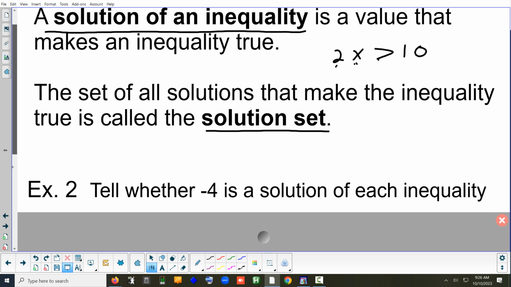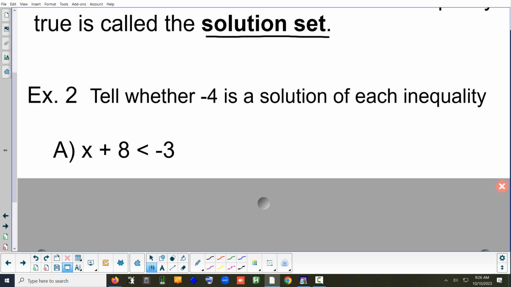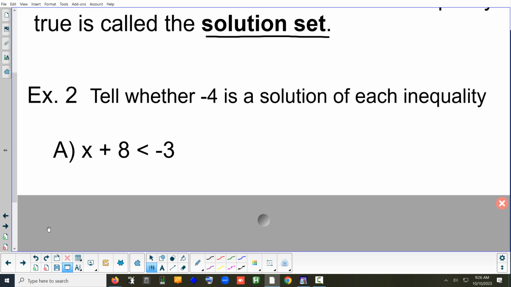All right, so let's see specifically if -4 is a solution to the inequality. I think you guys already have that written down, but you need the example. There's the example. All right, so to see if -4 is a solution, what's the first thing that we have to do with the -4?